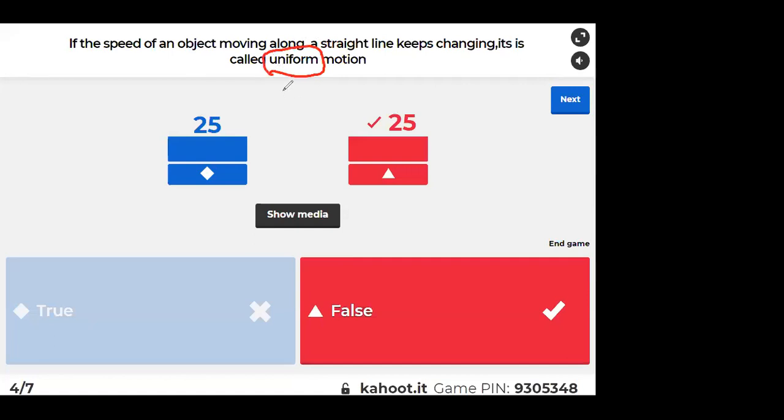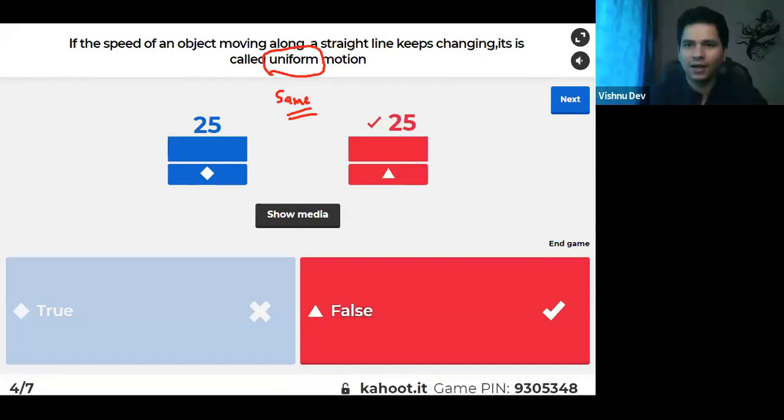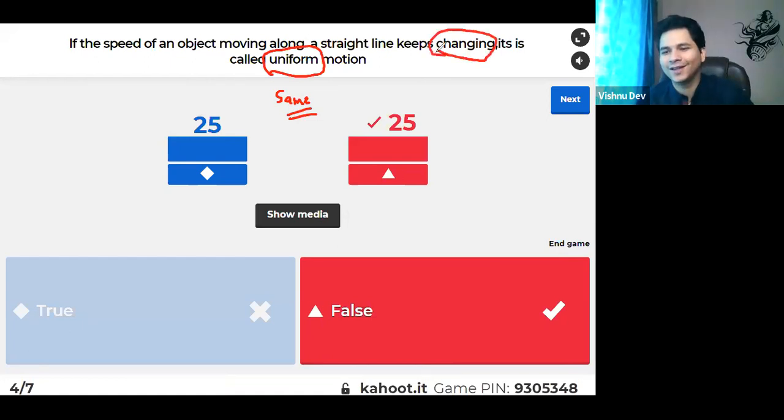Sir, uniform means same. Yes or no? Uniform means same, right? And according to this problem, what is given? The speed keeps changing. Now tell me, do you think that this is true?